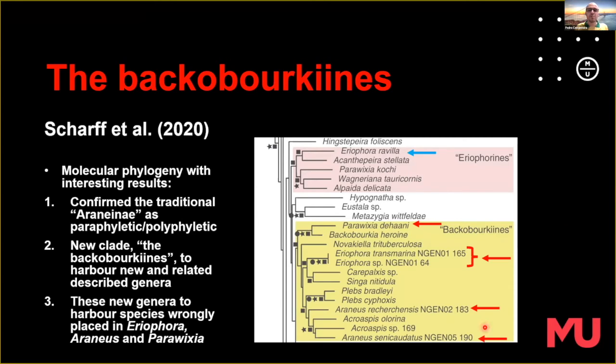So we have many araneines that were placed into different clades, like inside the Backobourkiines. We intend to propose a new subfamily to harbor these new and related genera, and to harbor these species that are wrongly placed into Eriophora, Araneus, and Parawixia, as you can see here.